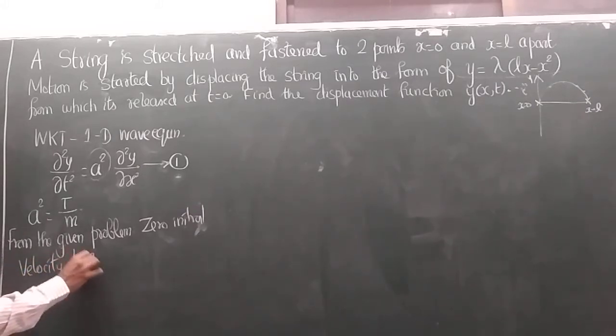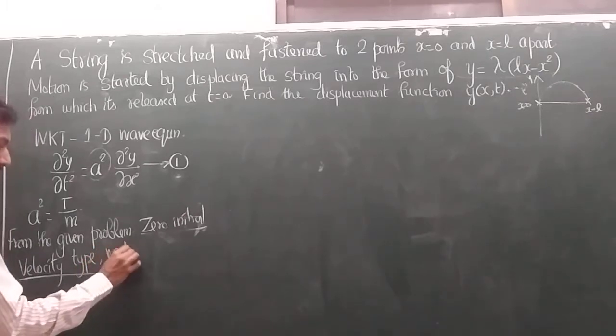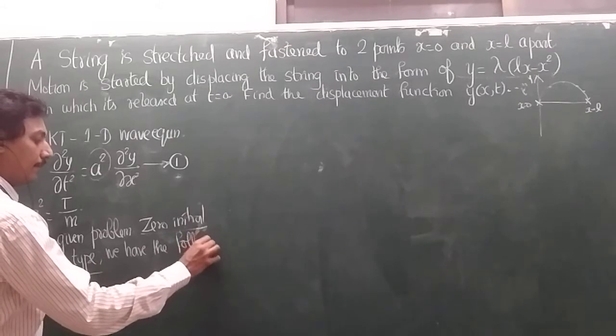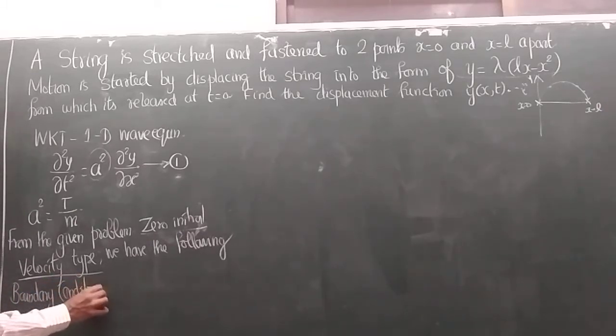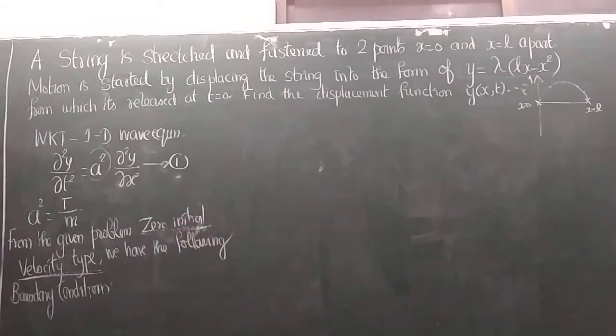Once the velocity is 0, what are the boundary conditions? We have the following boundary conditions. What are the boundary conditions for this type, where the initial velocity is 0?